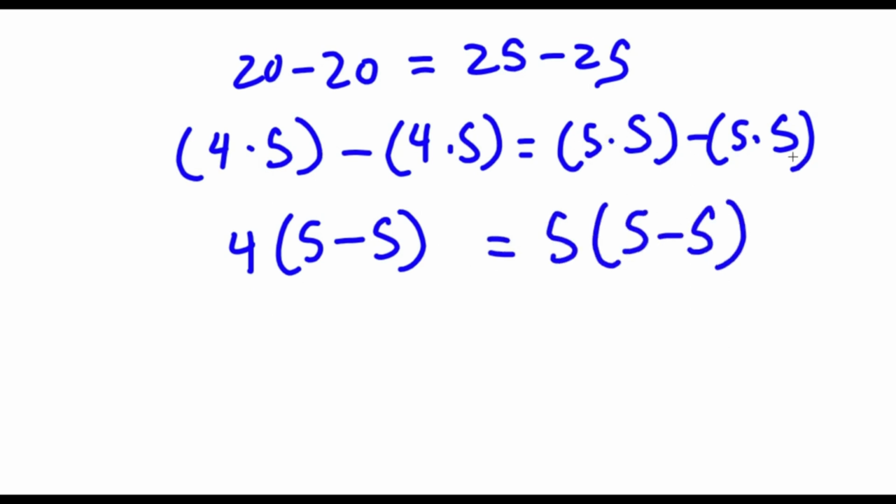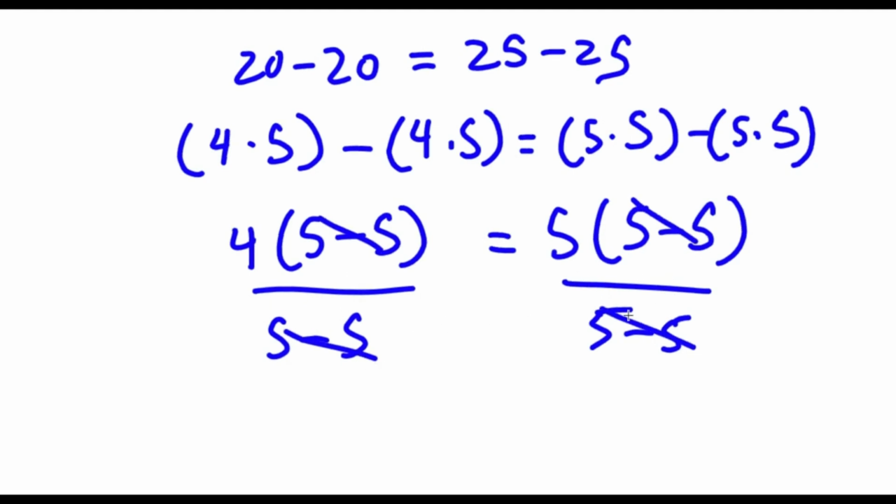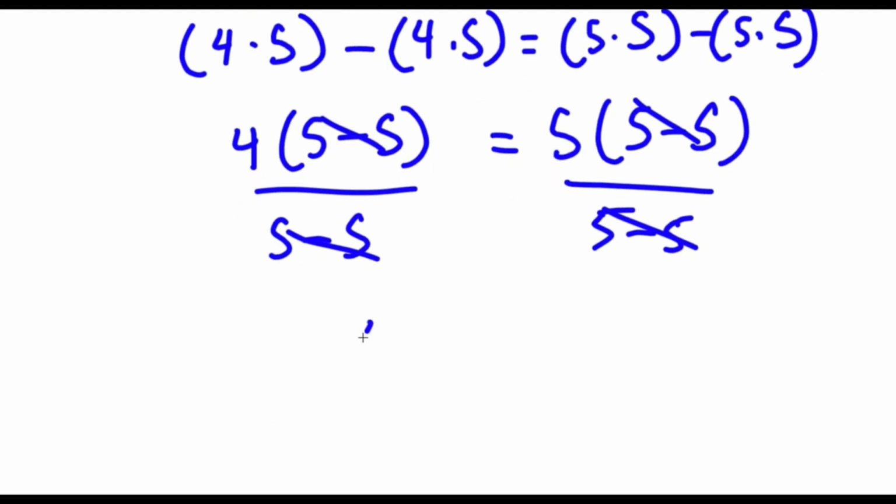All I did was I factored out 5 from this because 5 is being multiplied by both terms. So now what I'm going to do is I'm going to divide both sides by 5 minus 5. So then these two cancel out and these two cancel out. And now I'm left with 4 is equal to 5.